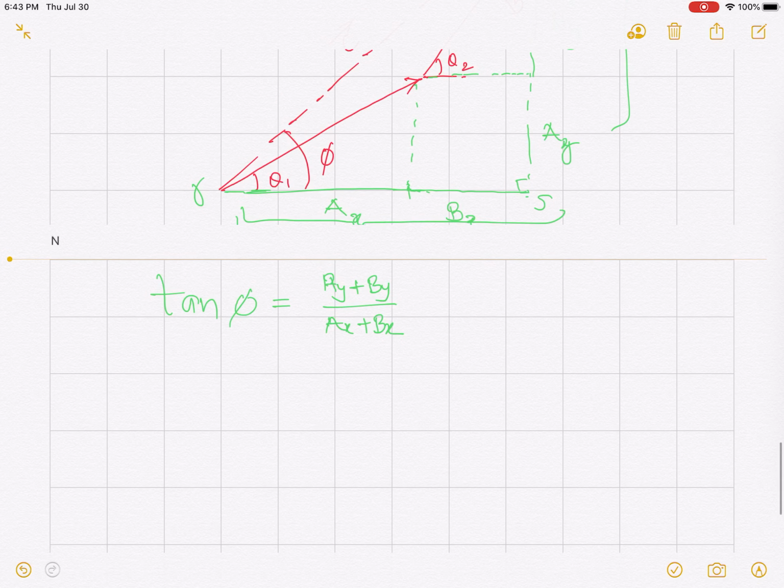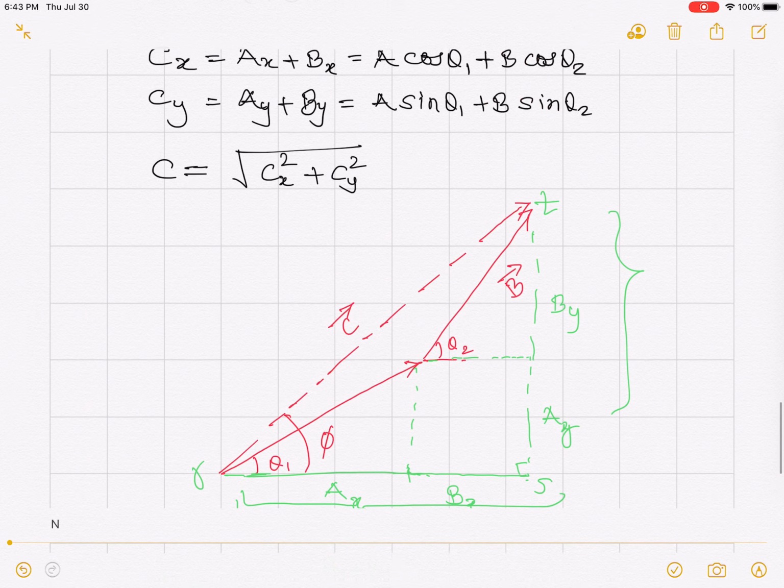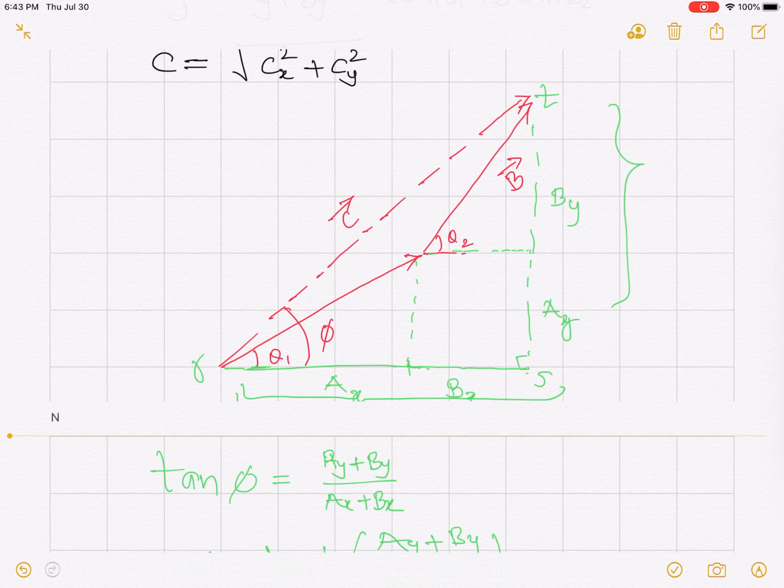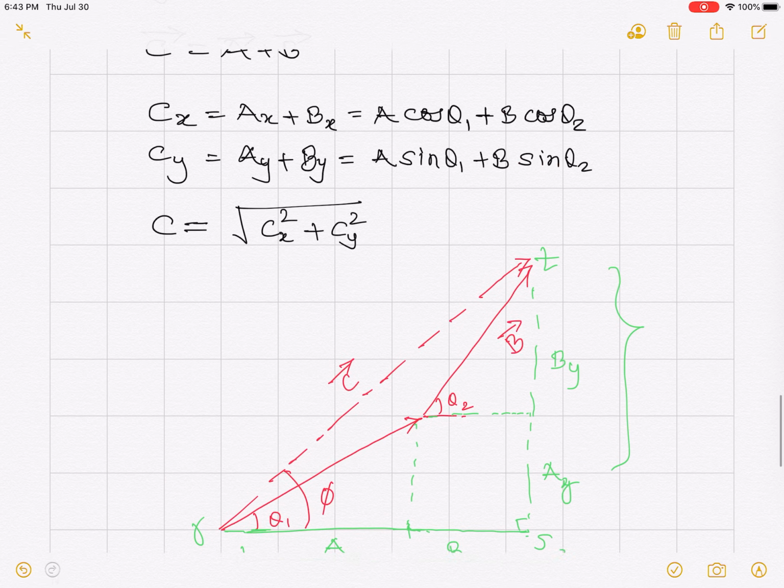Now you can replace those values from previous calculations, and then you can just take the inverse tan of AY plus BY over AX plus BX. This gives the direction with the x-axis. So this ends the addition of two vectors.